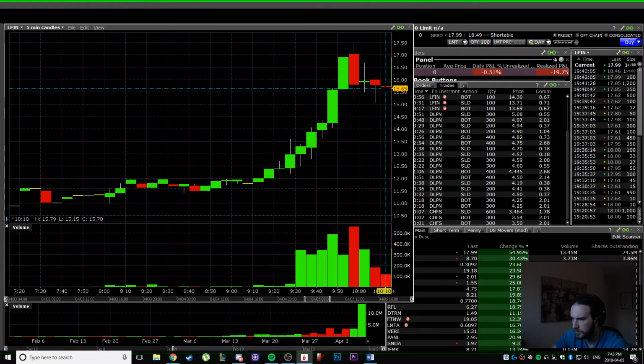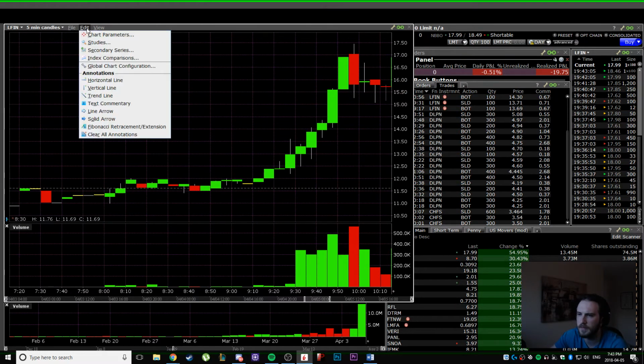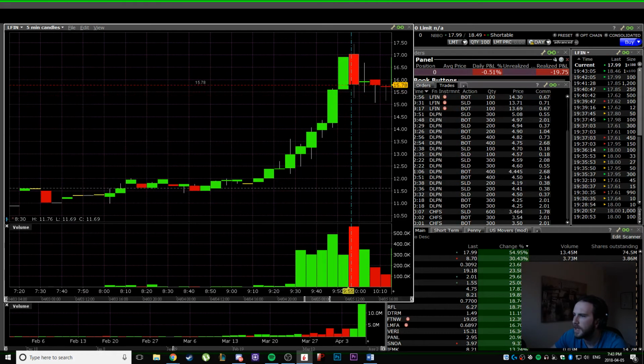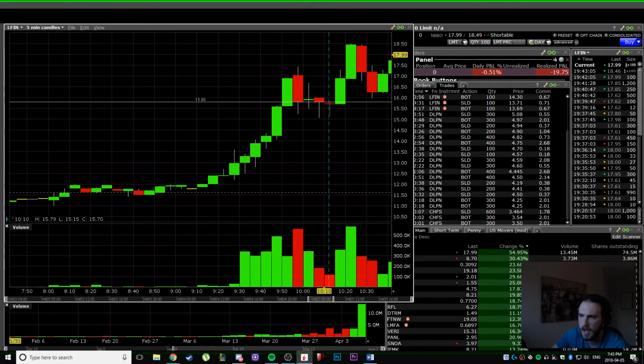So at 15.79 here is the high of this candle right here. So the first candle to make a new high after that, it did end up working out, as you can see, and it ended up retesting the high of day and actually going further by almost another full point.